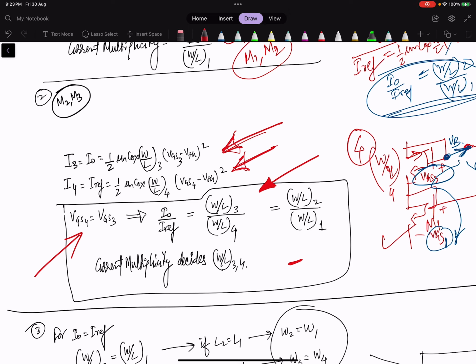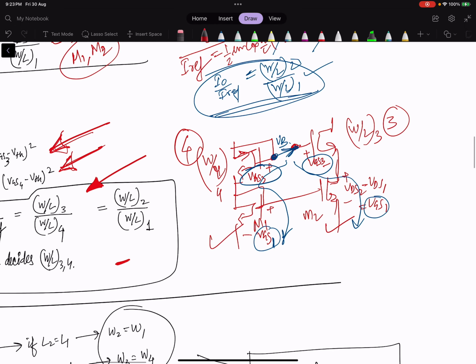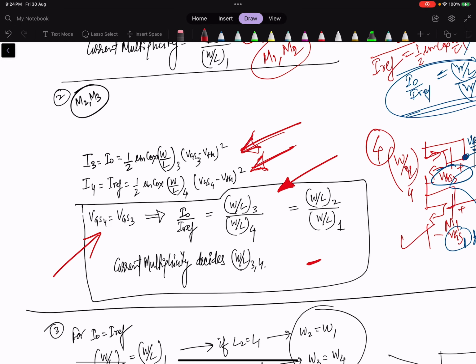Okay, a curious and very important thing: why have we not added here the lambda effect, 1 plus lambda VDS3 upon 1 plus lambda VDS4? Why?